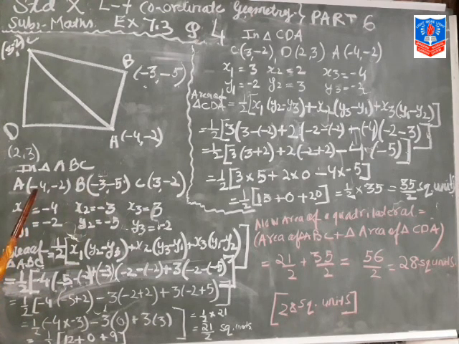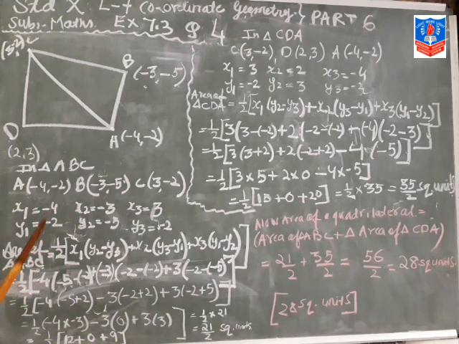Now x1 minus 4, x2 minus 3, x3 3, y1 minus 2, y2 minus 5, y3 minus 2. Clear children? Half x1, we will write the formula.